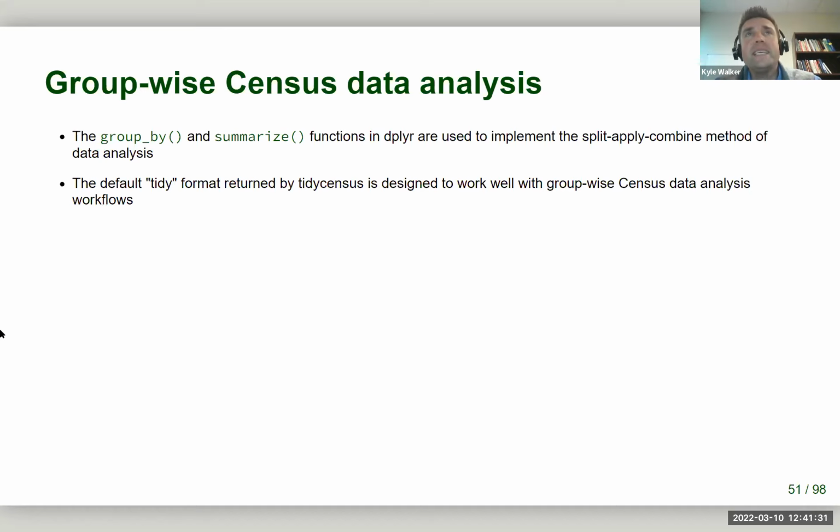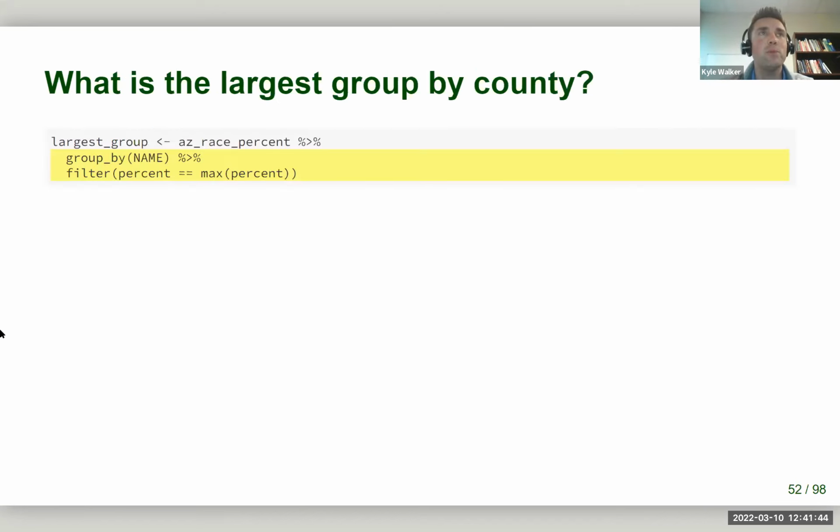This is implemented in the tidyverse using the group_by and the summarize functions. And the default tidy format returned by Tidycensus works great with this workflow. So let's ask a few questions and explore our data. Let's say, which group has the largest population share by county? What we can do here, again using our piping operator, is create a new object called largest_group.